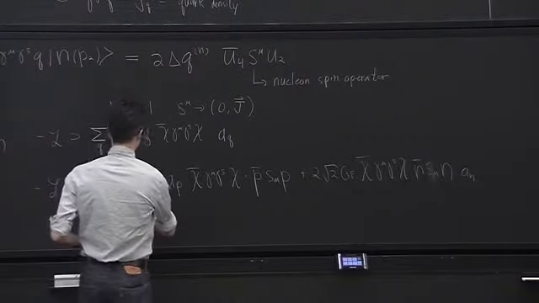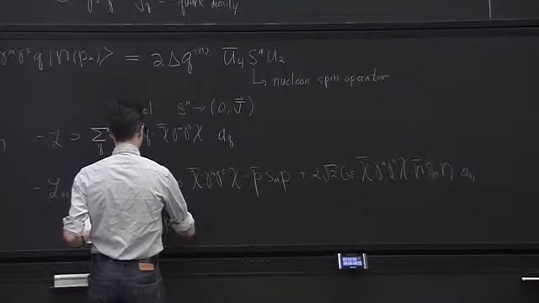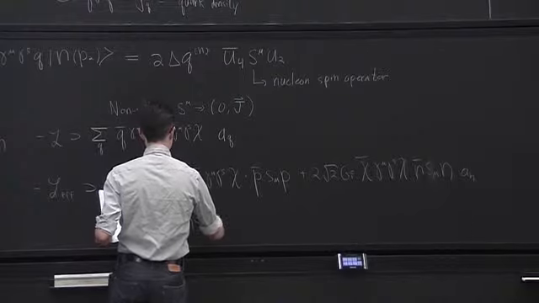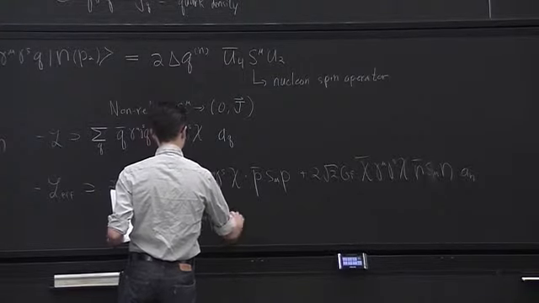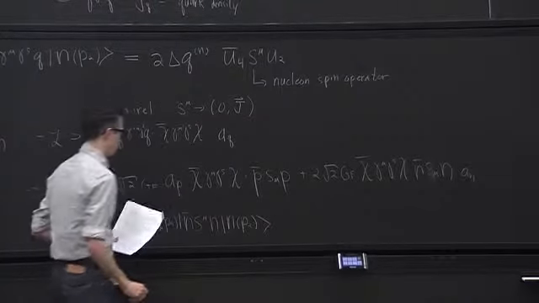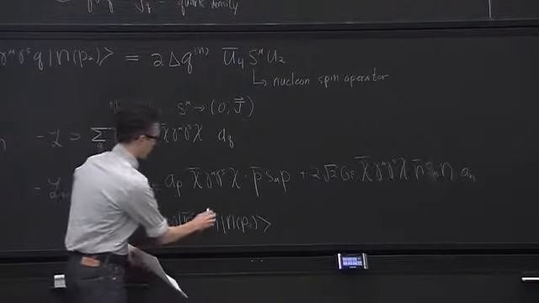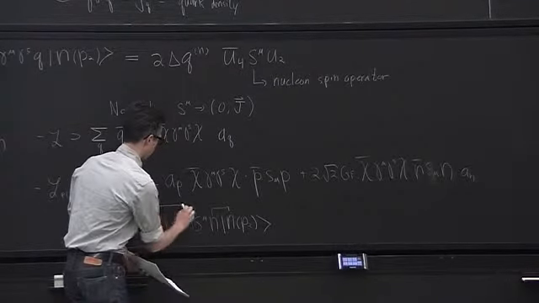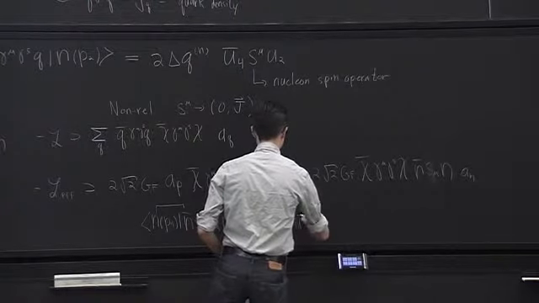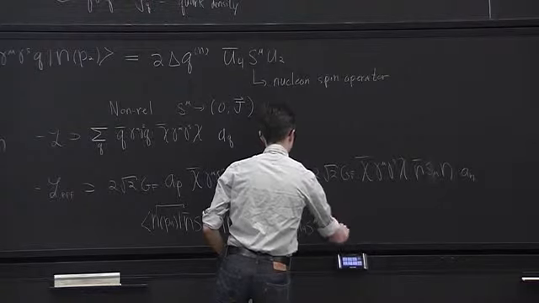Because, for example, let's say I had an n bar of p4, S mu, n of p2. If I treat my nucleon as a fundamental fermion, I would just contract up these fields, and I'd be left with this structure in between, and I would just get a u bar 4, S mu, u 2.